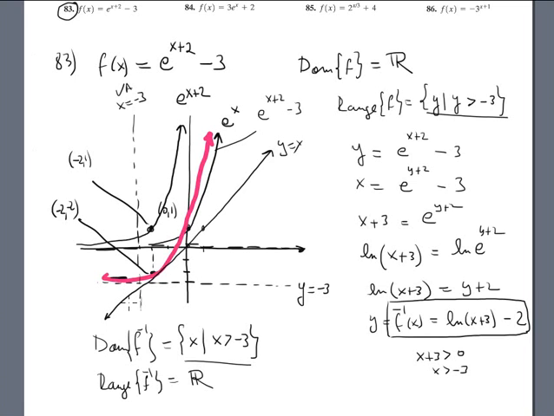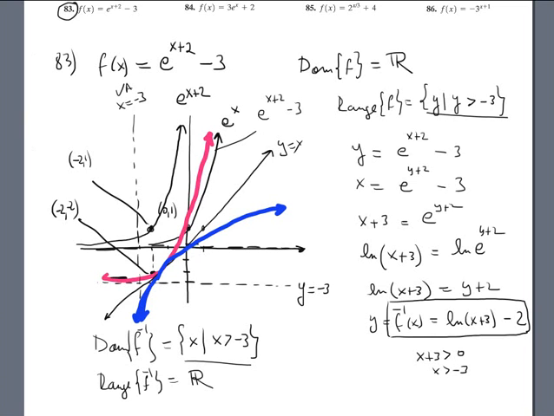Now this is not an accurate graph. The inverse function looks like that. This is asymptotic.